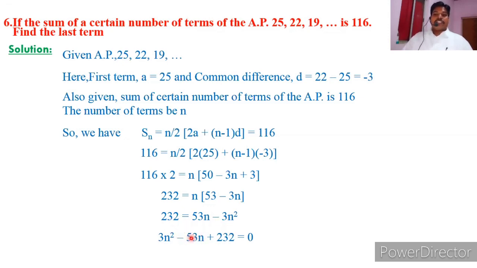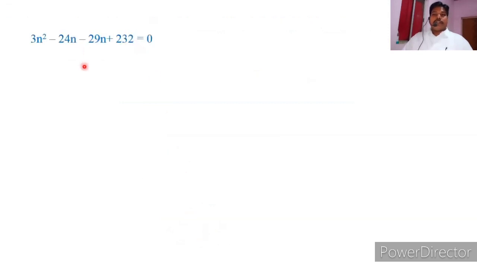You have to split this minus 53n as 3n square minus 24n minus 29n plus 232. If you multiply these two, you will get 3n square into 232, that is 696 n square. So this is the factorization.